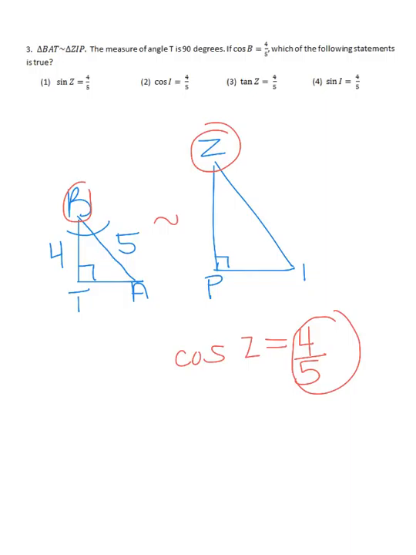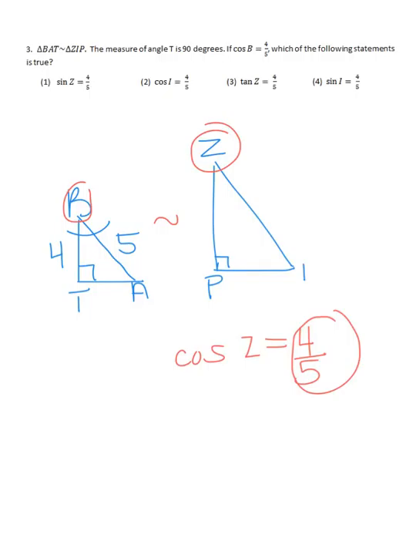So if we look at each of the choices, sine of Z is 4/5. Cosine of I is 4/5. Tangent of Z is 4/5, and sine of I is 4/5. So in terms of similar right triangles, let's just talk about this whole idea for a minute.